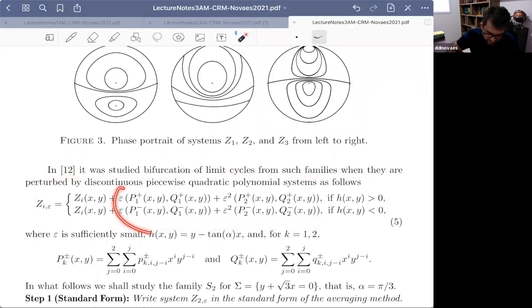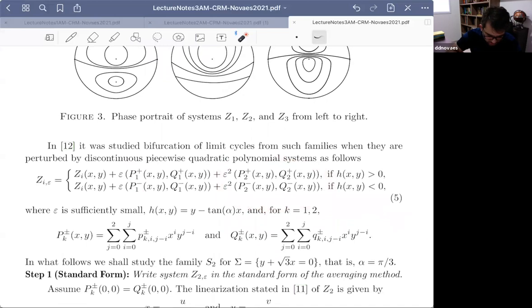We considered first order perturbation and second order perturbation. The perturbations were quadratic, and the sets of discontinuity were lines, like this. So for the second order averaging function, the hypothesis HB2 that I have explained before holds in this case. So we don't need any other kind of theorem. We can just use the averaging functions that we have already defined.